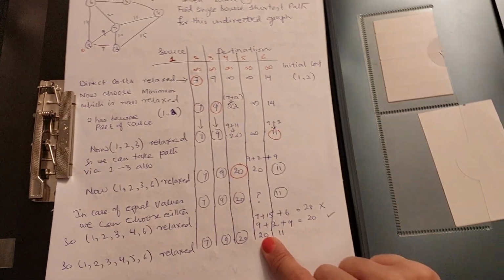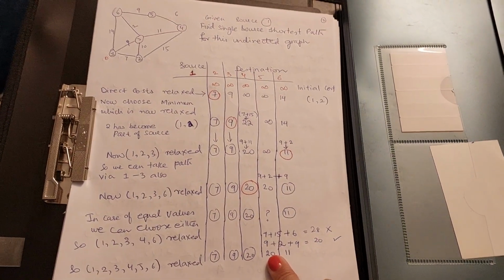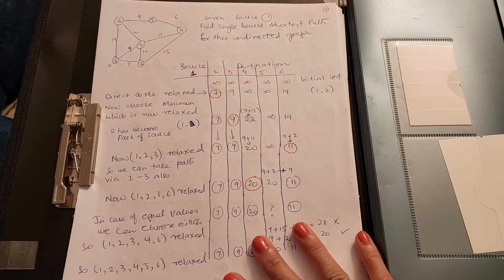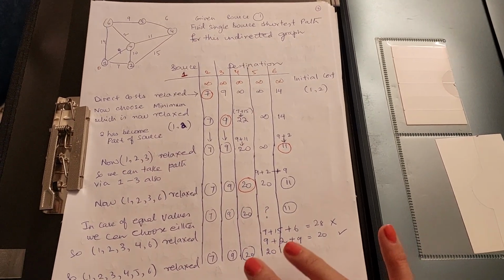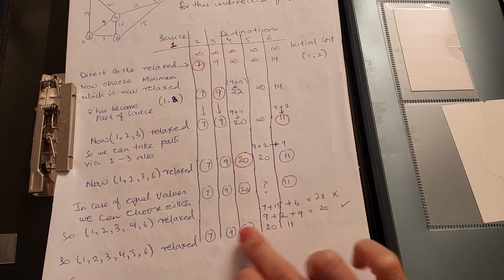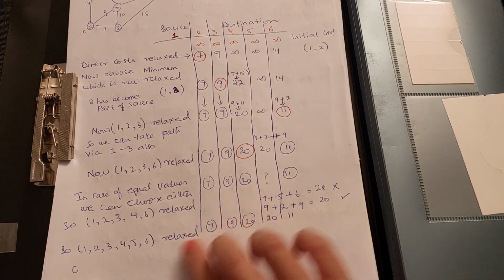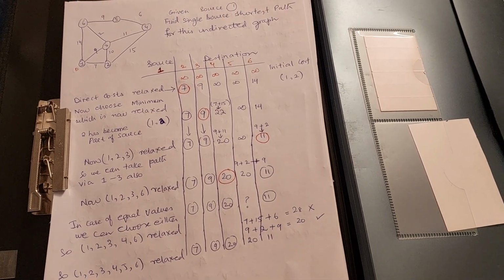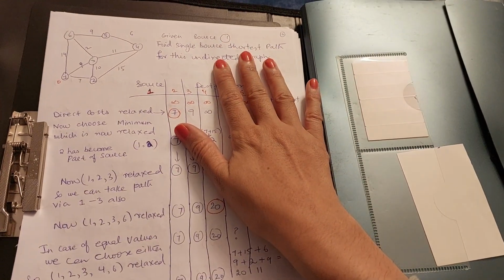So now you can see, friends, that all the nodes have been minimized. So just stop the Dijkstra algorithm here, because we do not need to do any more. We have already done a lot of iterations. All our nodes have been circled, all our nodes have been minimized, and all the nodes have become part of the source now. All the nodes have been connected. What did the Dijkstra algorithm want?